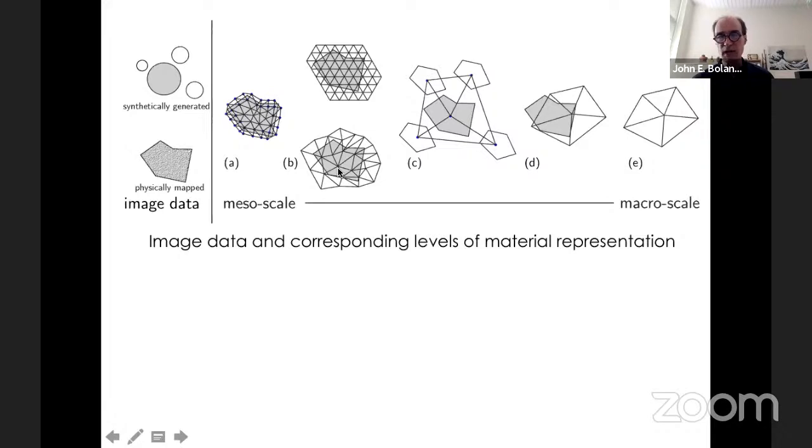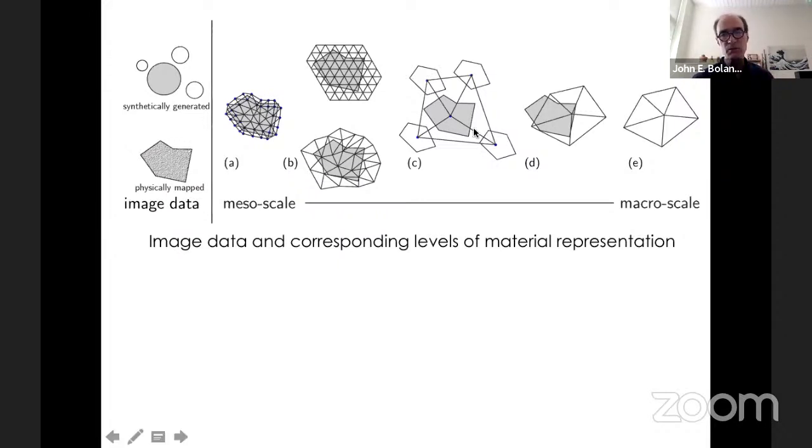We just project the lattice onto the image or the image onto the lattice, and we're still representing the interface, but there's no longer that direct representation. The elements are not necessarily perpendicular to the interface. These are very expensive, and we can't imagine discretizing large volumes of concrete in this way.